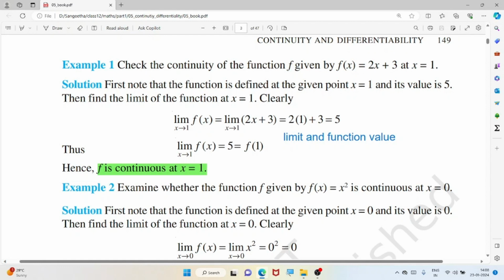Here at x equal to 1 it will be 5. So this limit and the function value match, so it is continuous at x equal to 1. It is defined and it also matches.